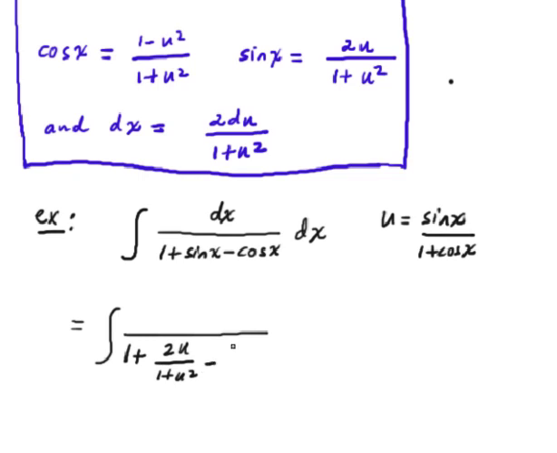And for cosine, 1 minus u squared over 1 plus u squared. Okay, I got rid of one of those dx's. Alright, and then we know that dx is equal to 2du over 1 plus u squared, so let's put that in as well.